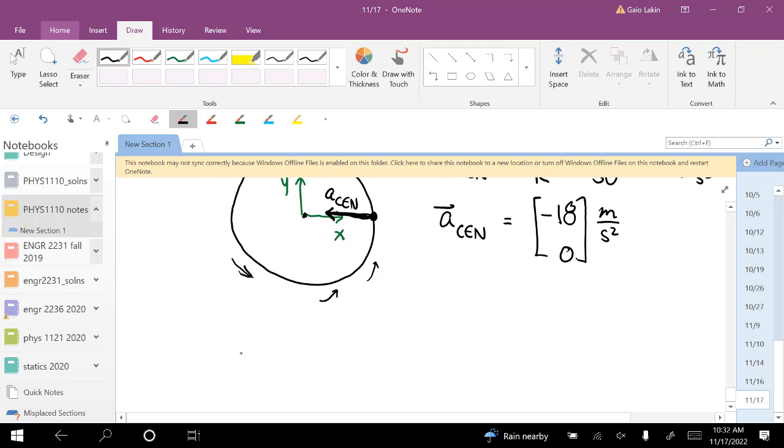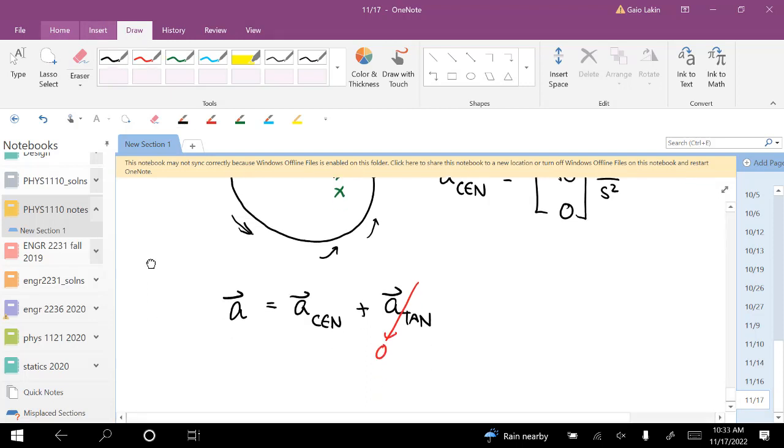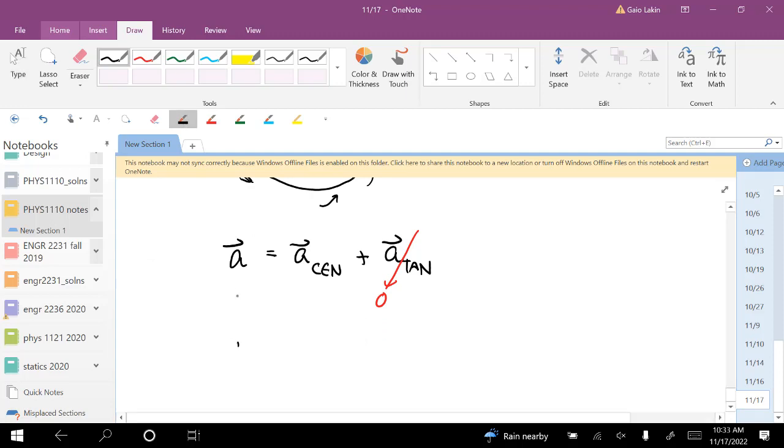So the total acceleration vector is always the centripetal plus the tangential, but in uniform circular motion, there's no tangential. And so the total acceleration is just the centripetal.